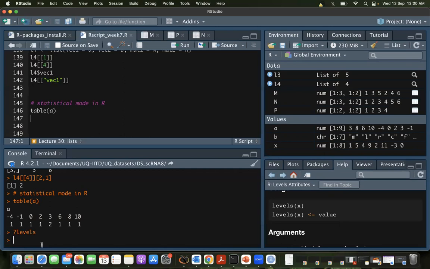It was just referred to in this session, touched upon but not explained. So let's leave it for now. But no, levels is not going to help you get the mode. It might help indirectly, but again, it's going to be through the table command only. Without table, it can't be done. Okay, all right.